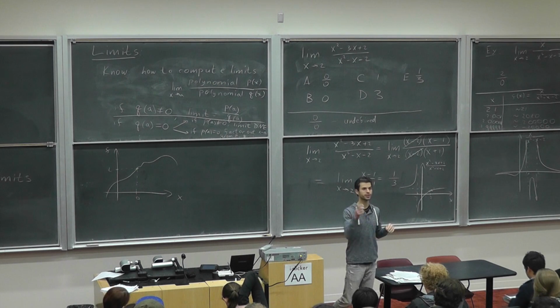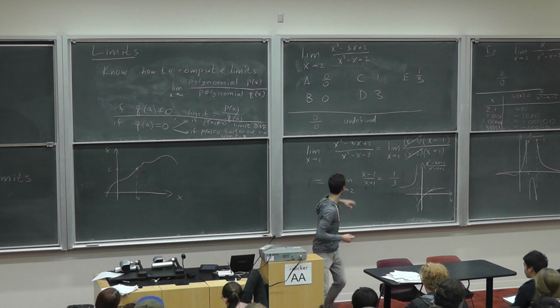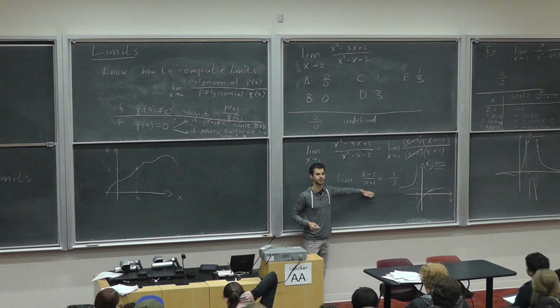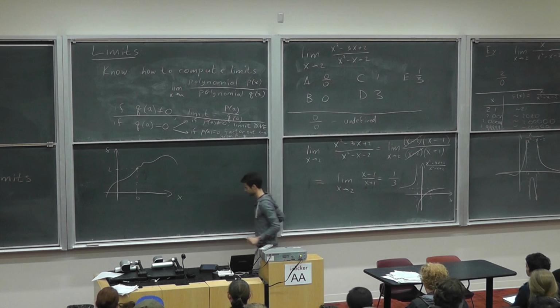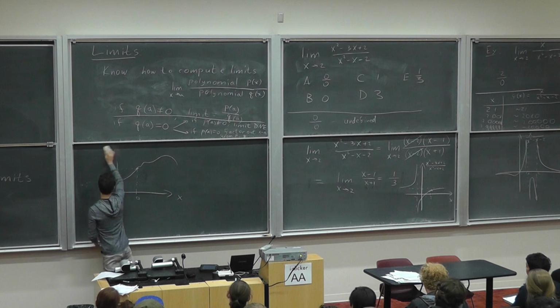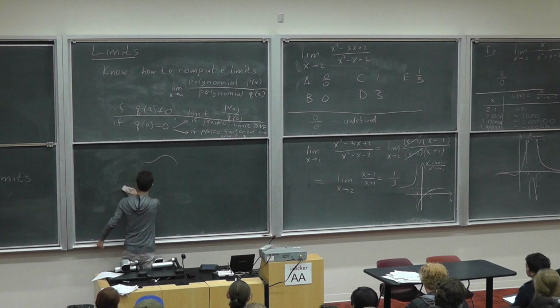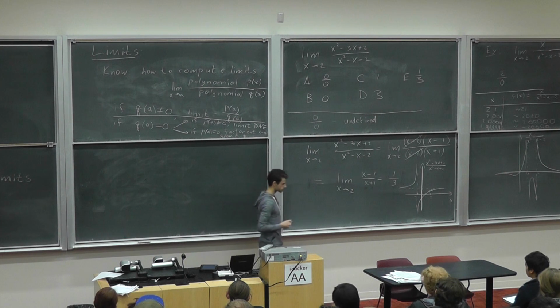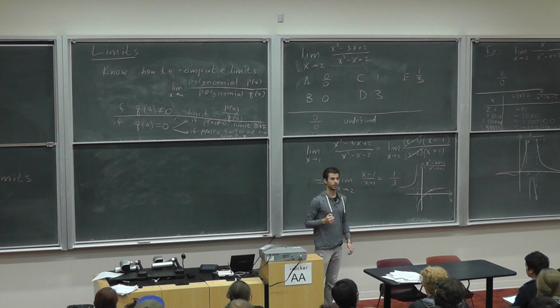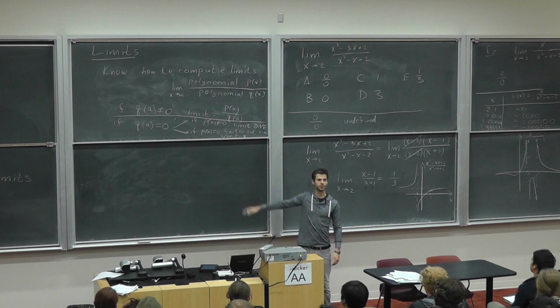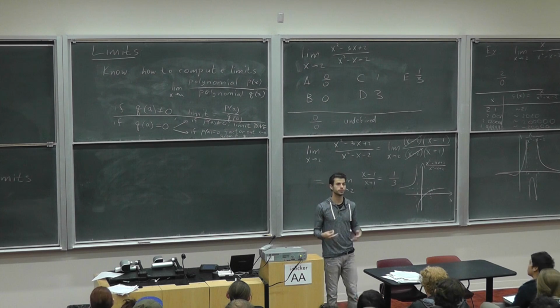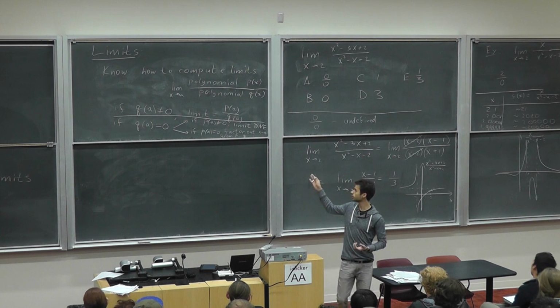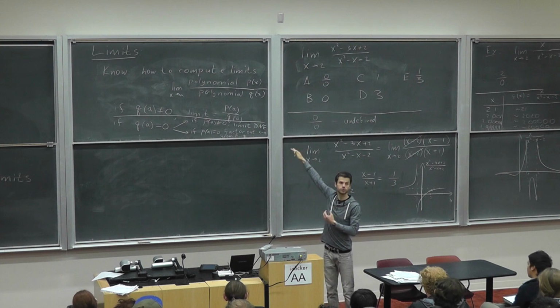Factor it out, cancel out x minus a, and you are going to get a simpler thing. Alright, so this is what happens when the functions which you are computing the limit of are what's called rational functions, quotients of two polynomials.